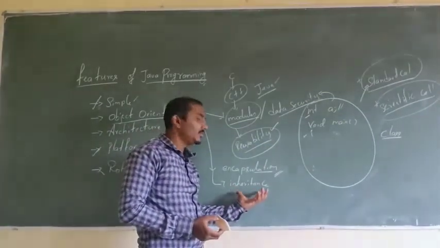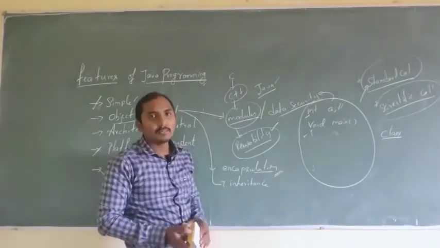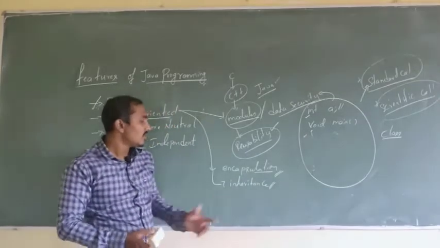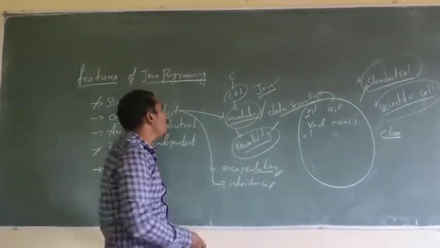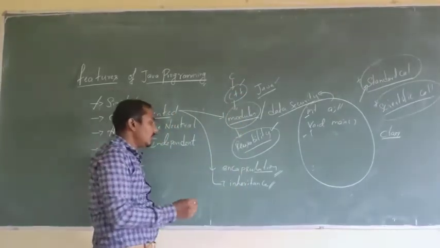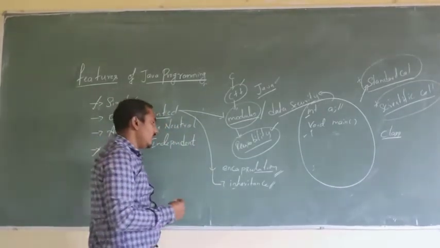Once a feature has been developed, it can be used again and again. Once an object is created, it can be used multiple times, which is nothing but inheritance. This feature is also available in C++. So that is about these two features, encapsulation as well as inheritance.